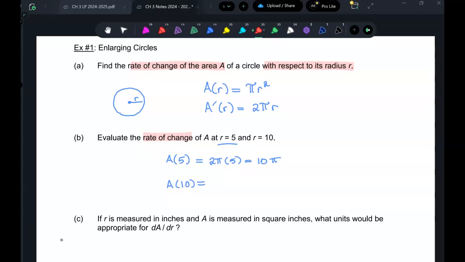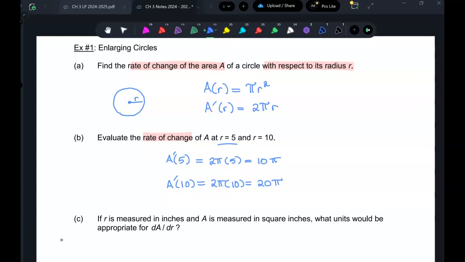Oh yeah, sorry, did I forget my little prime? Thank you. There, that's important. So 2 pi times 10 is 20 pi. So the larger the radius, the larger the rate of change of the area, which makes sense, right?